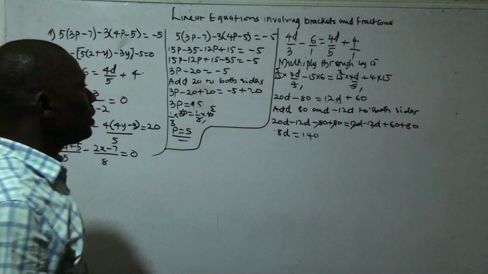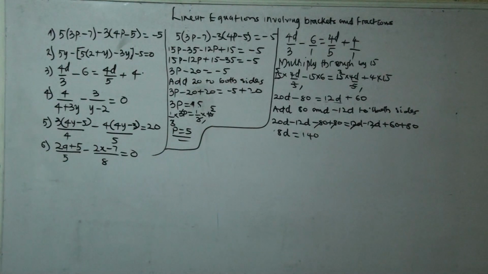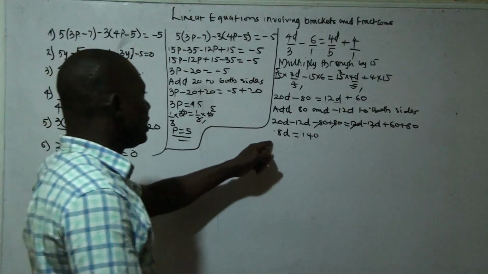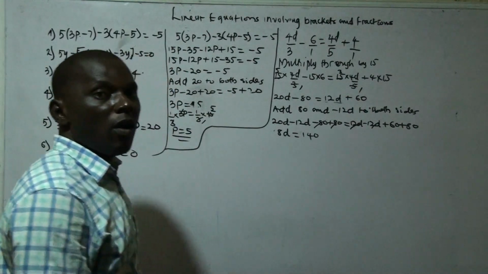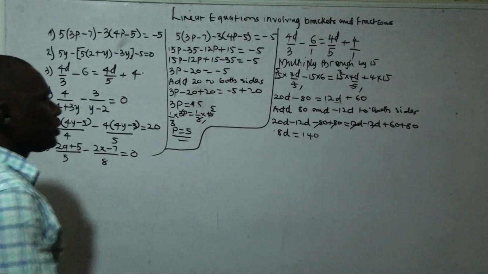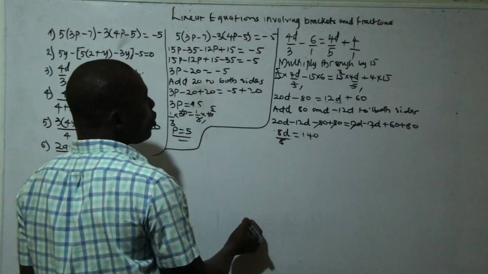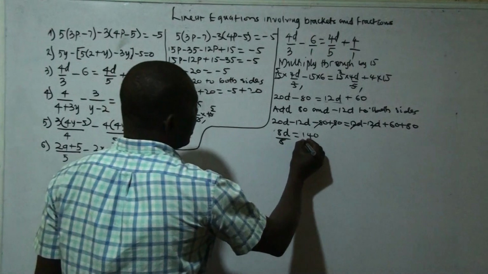So 8d equals 140. The next step is to divide both sides by 8, or multiply both sides by 1 over 8. Divide by 8 also means we are multiplying by 1 over 8.